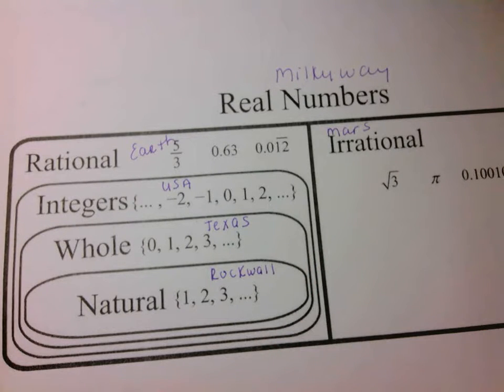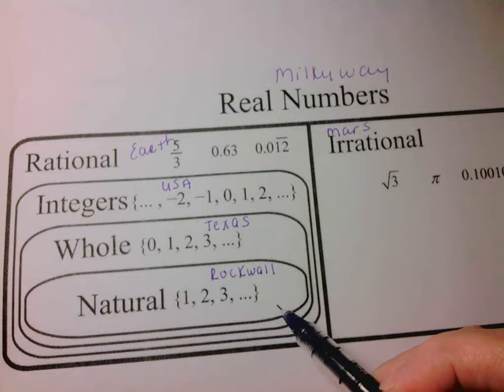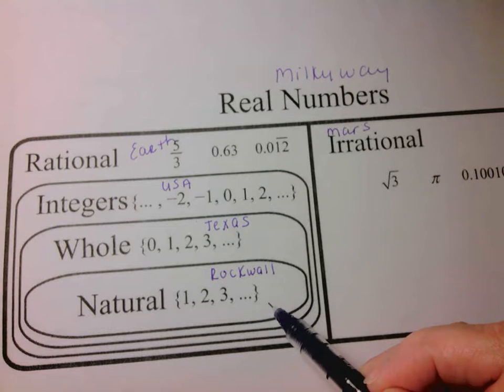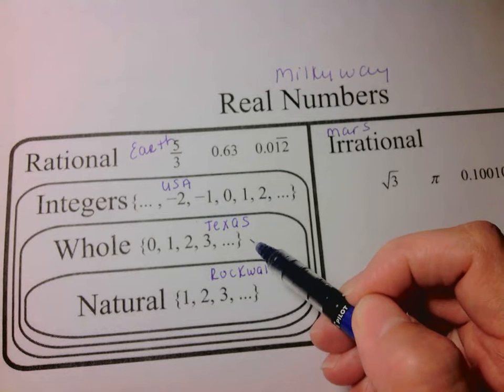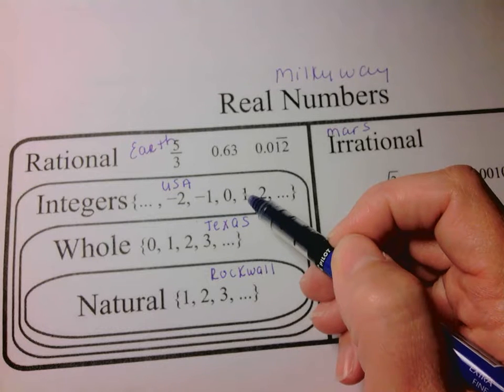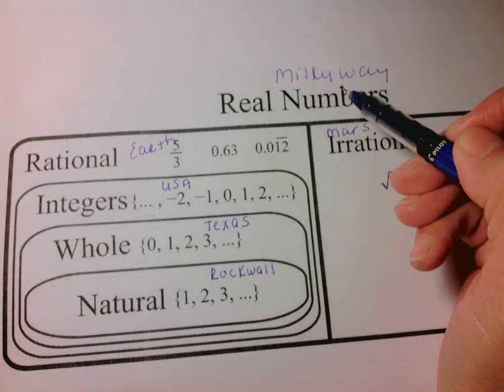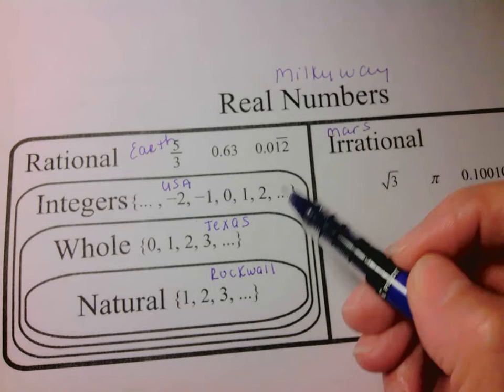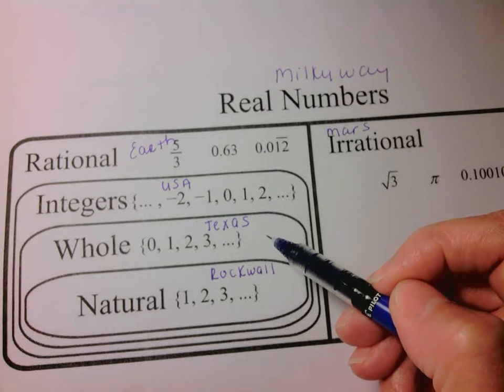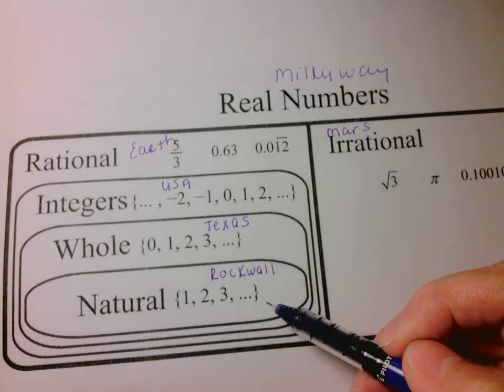And so if you're in Rockwall, you are also in the great state of Texas, in the United States of America, on planet Earth, in the Milky Way galaxy. But if you're in Texas, you're not necessarily in Rockwall. Now you could be, but not necessarily.